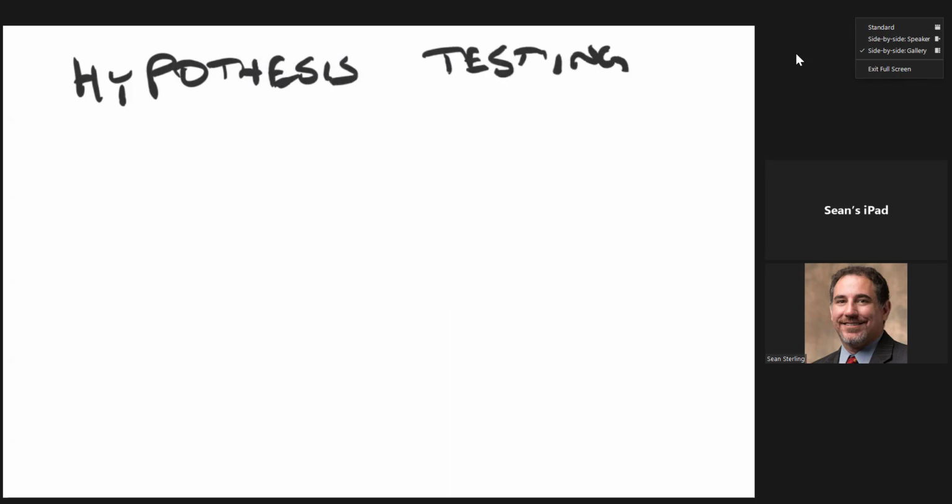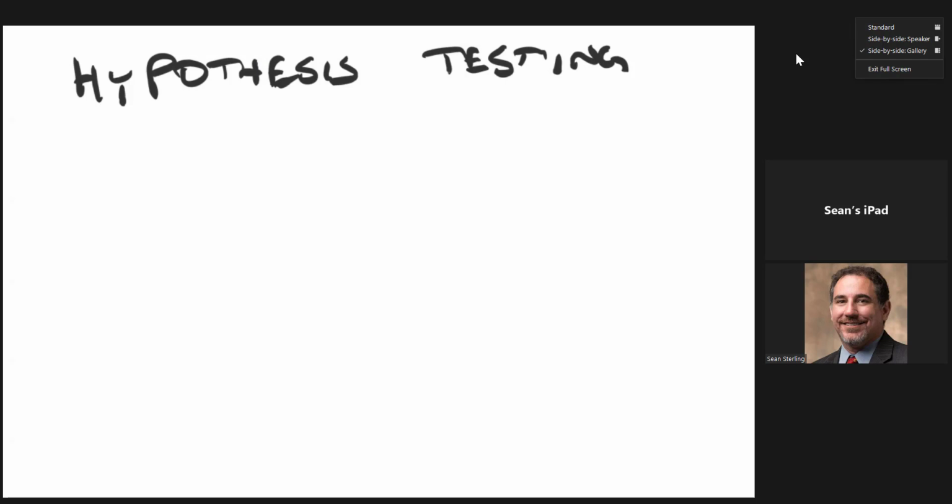Okay, now just think of a hypothesis as like a guess, okay? Let's say that we just wanted to guess that there was a relationship between two variables, like happiness and attractiveness, let's say. And we have the opinion that, based on the research that we read, that happiness is directly correlated with attractiveness.